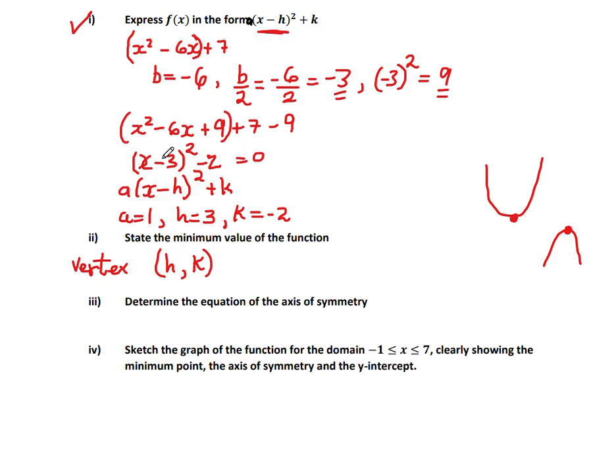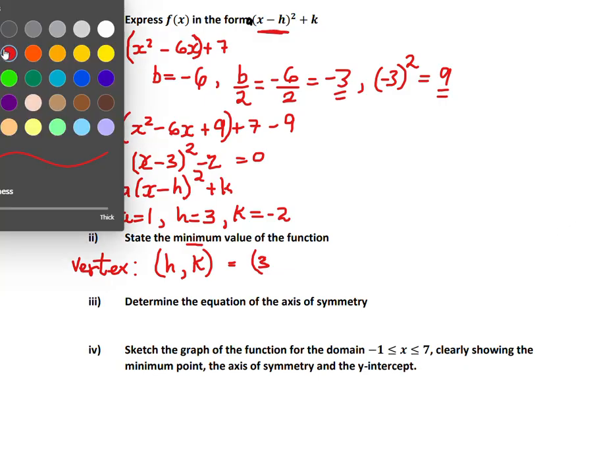So that's the logic behind there being a minimum in this case. And the vertex, the center point, is the coordinate hk, and so it means that the vertex here would simply be 3, which is the value of h, and k, which is negative 2. That's how that is done.